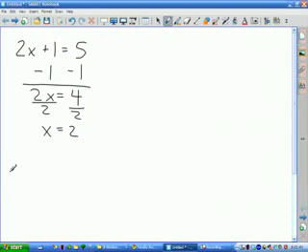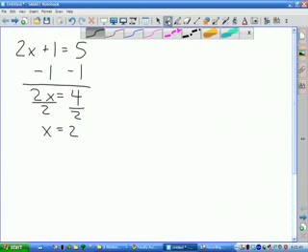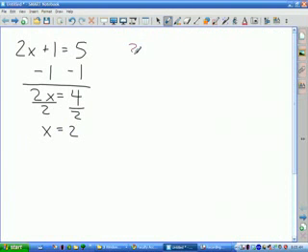Now, of course, what happens is you start adding things onto it. For example, you might have something like this: 3x plus 2 times (x plus 1) equals 3. Now it's more than just a two-step equation. You've got a little bit of extra work. First, you notice we've got parentheses here we need to clear.